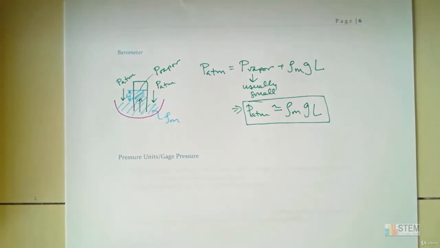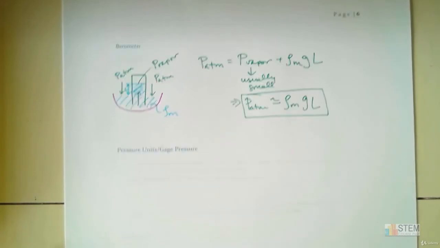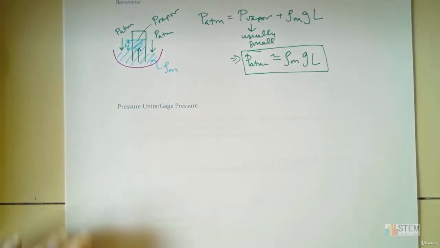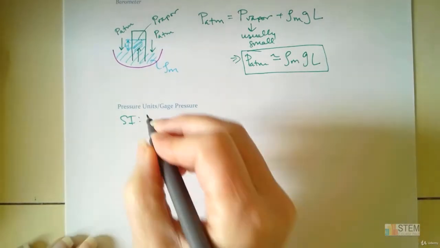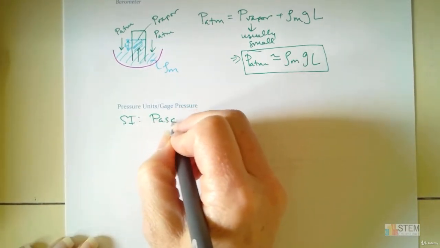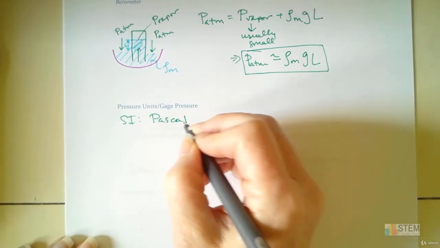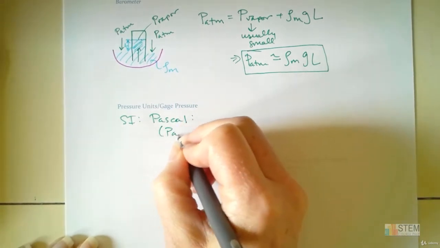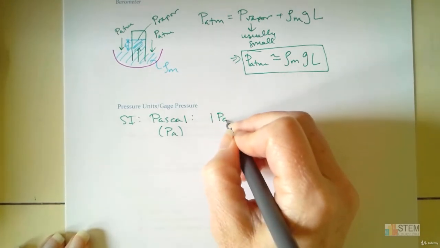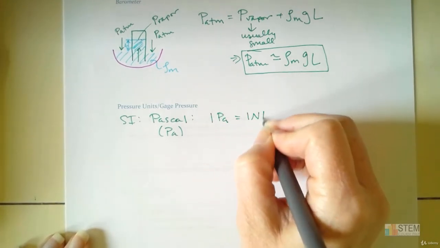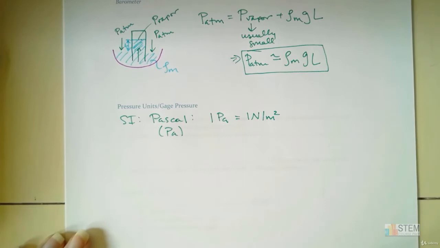All right. So next, let's talk about our pressure units, because we haven't talked about units yet. Let's look at the SI system first. So for the SI system, we're going to have a Pascal, and the symbol for that is Pa. And 1 Pascal is equivalent to 1 Newton per meter squared.